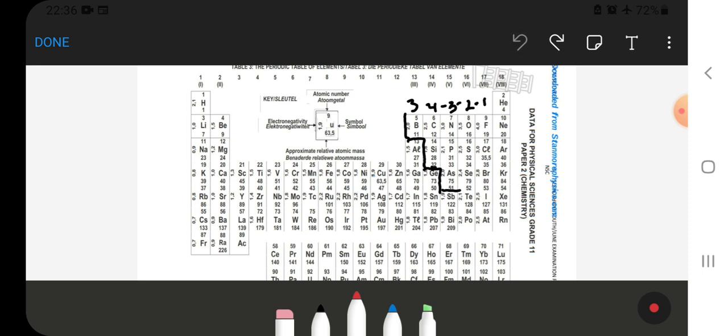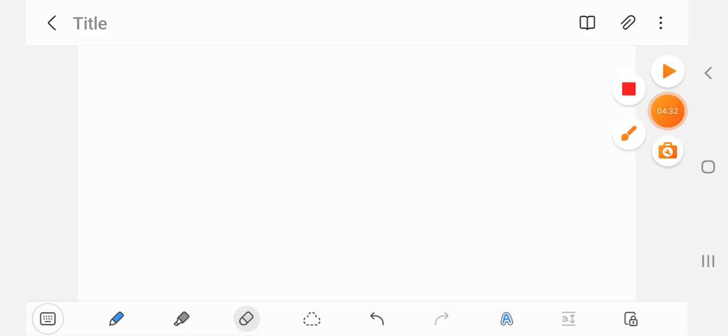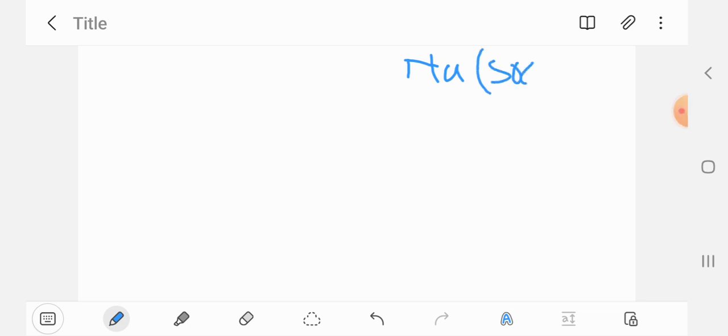Okay, so let's say for instance that we are trying to draw an atom for maybe sodium. Sodium is Na, so let's take sodium. We're going to draw the atom for sodium. So this is Na, which is sodium.